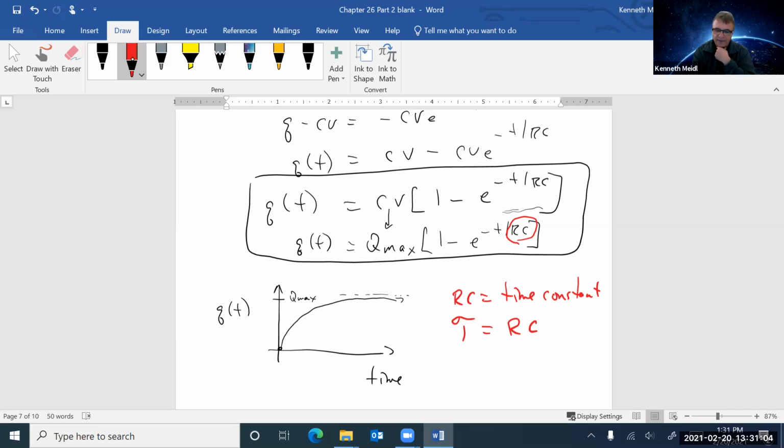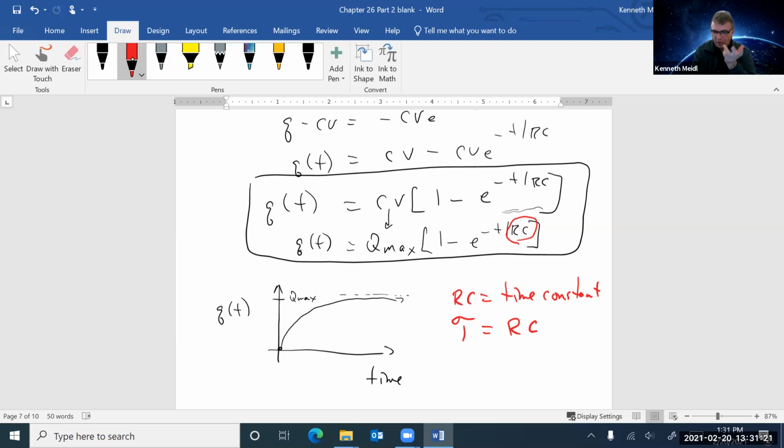And so we have a function for Q as it builds up on the plates. The battery has an easy time early on, and then it gets harder and harder to put more and more charge on these plates.